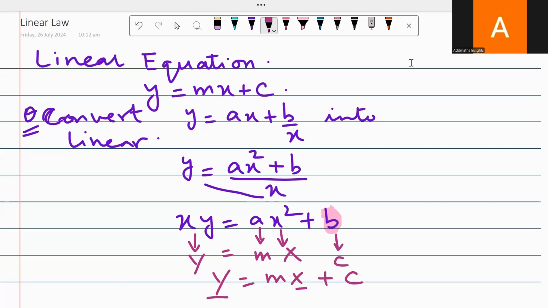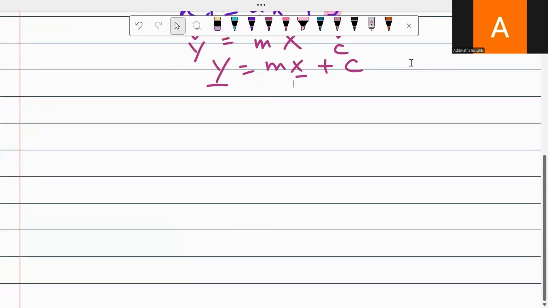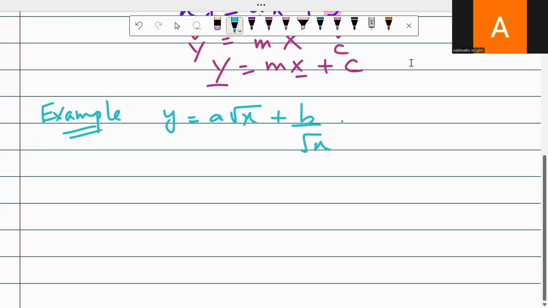So I give you more examples. Another example is you are given an equation of the type y equals a root x plus b over root x. In the same way, you can simply take the LCM first. It becomes ax, because root x into root x means root x square, which equals x.